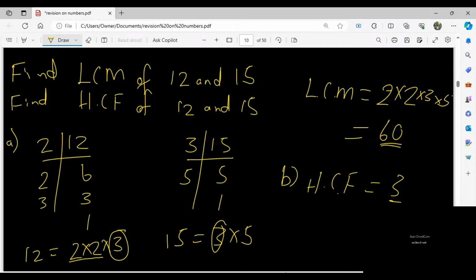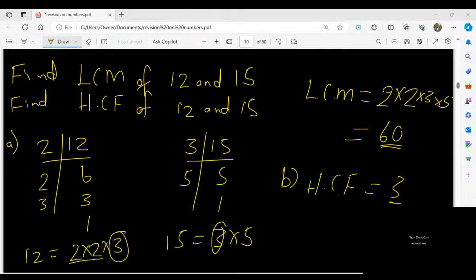Now, we want to look at a few more examples where we have problems like this, and then move on to conclude our revision on these numbers.